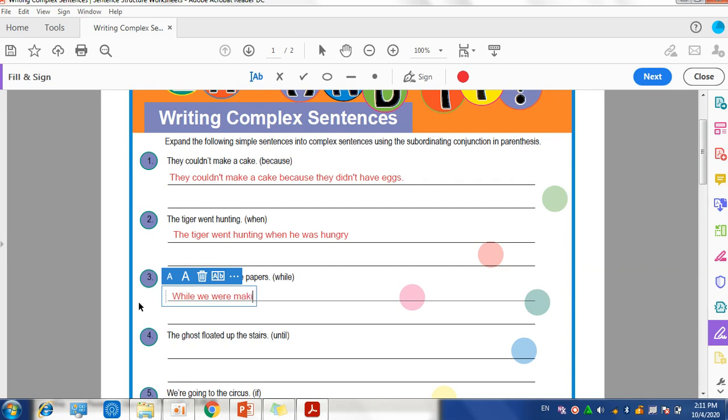While we were making an activity, comma, our teacher graded the papers. Why did we put a comma here? Because we started with the subordinating conjunction.